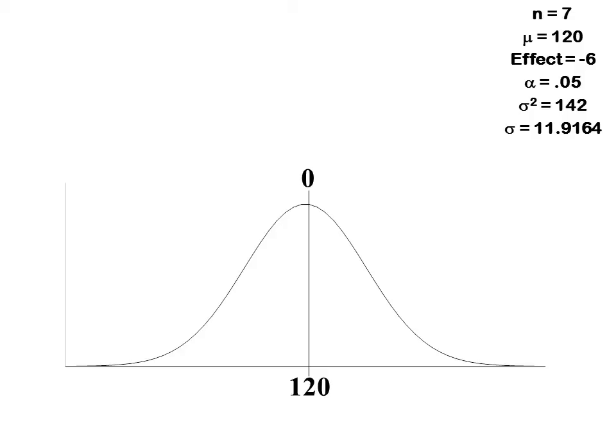Our alpha is 0.05, and we're expecting to decrease the behavior, so we're going to put our entire 0.05 in the left tail. And what we want to know is what's a cutoff value? What is that raw score below which, if we get that sample mean, we're going to think that the treatment works? Incorrectly, according to this graph, because this is when it doesn't work.